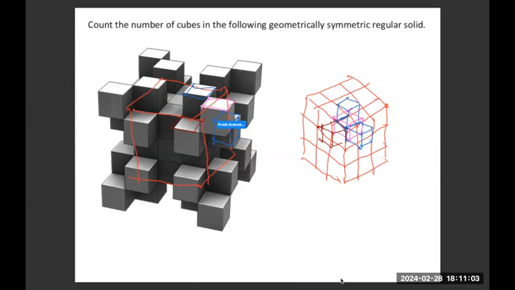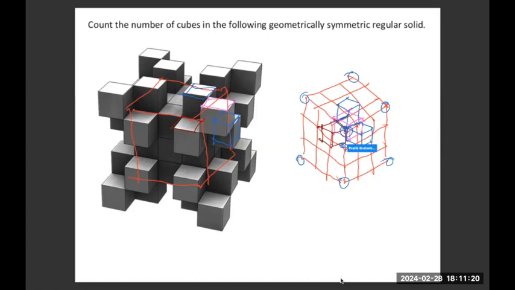Now all these 4 cubes which are getting attached, they are getting attached to all the 8 corners: 1, 2, 3, 4, 5, 6, 7, and then there'll be one corner at the back, 8.